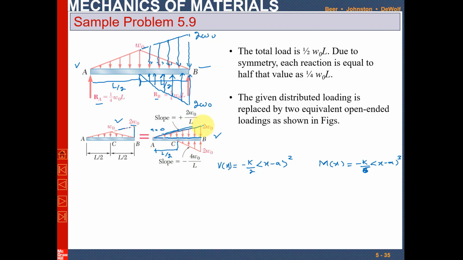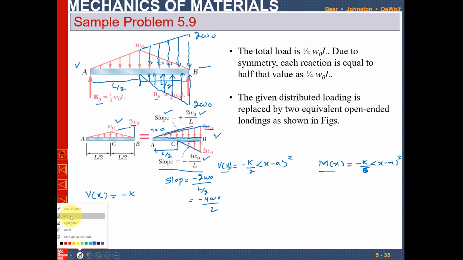The slope for this line will be equal to this height, which is 2W naught, divided by the base, which is length L. So the slope for this will be 2W naught over L, while the slope for this will be equal to minus 2W naught divided by L by 2, which will be equal to minus 4W naught by L. So the slope for the upper line K1 will be 2W naught over L, while K2 for this will be 4W naught divided by L. So we will use this shear force and bending moment linearity equation to find out the shear force equation and bending moment equation.